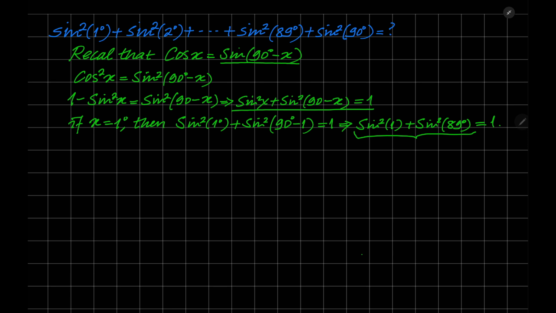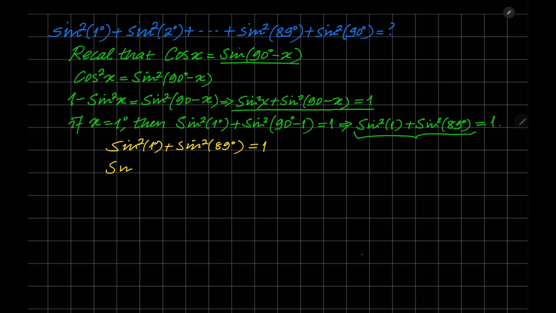Then, let me change the color. Then sine square 1 degree plus sine square 89 degree is equal to 1.